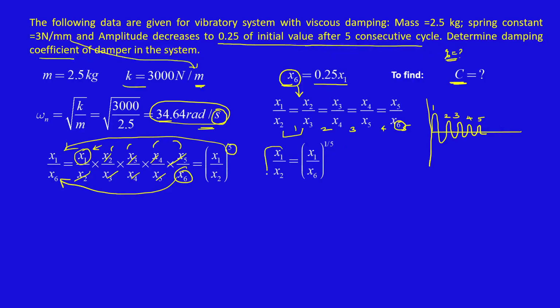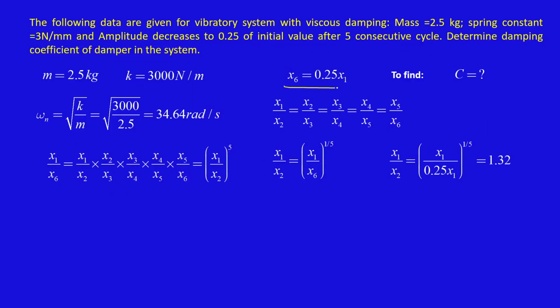Here, x1 by x2 means the ratio of two consecutive cycles. x6 equals 0.25 x1, this is given, so I can substitute it here and cancel x1 on both sides. So 1 divided by 0.25, to the power 1 by 5, is 1.32. So x1 by x2 equals 1.32.